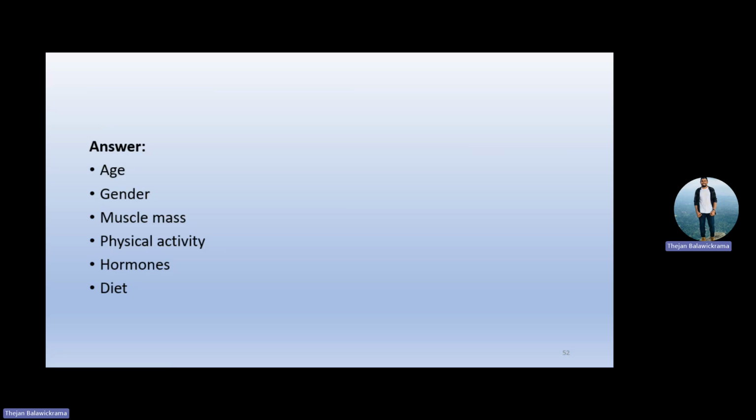So all these decide how much energy we have to run the metabolism, and how much energy we get from it. So these things will change.